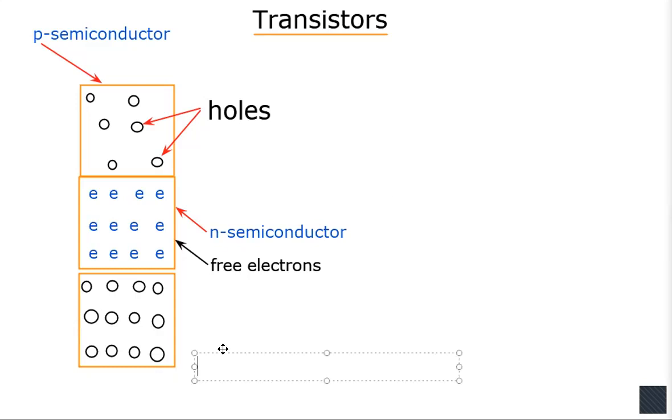Right now, both are P semiconductors. What is the difference between them? Just looking at the figure, tell me, what is the difference between the first P semiconductor and the second P semiconductor?